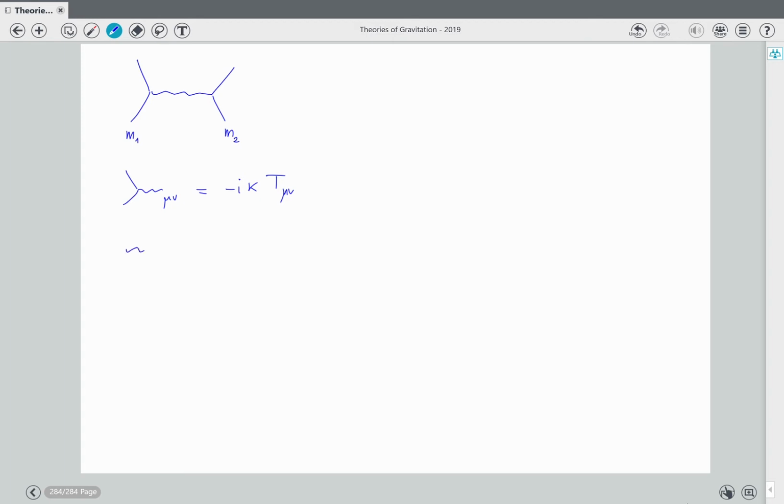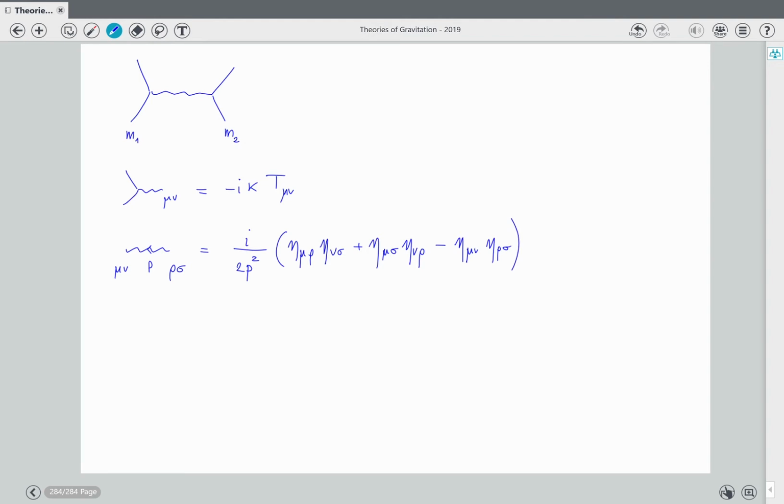Let's recall what it is. The propagator with indices mu nu rho sigma, with momentum p, is 1 divided by 2p squared times (eta mu rho eta nu sigma plus eta mu sigma eta nu rho minus eta mu nu eta rho sigma).